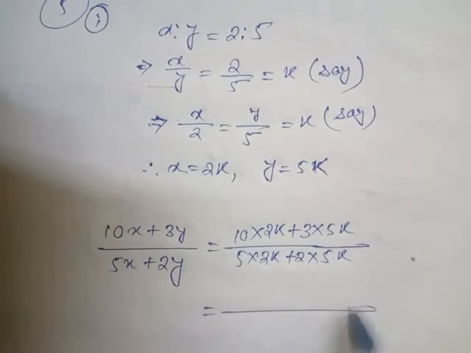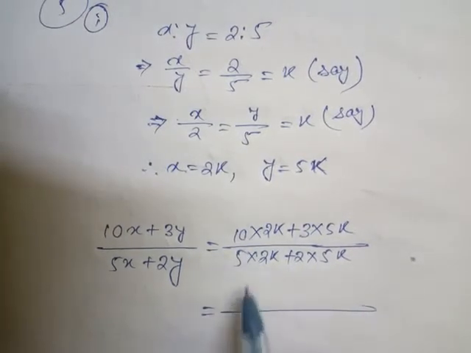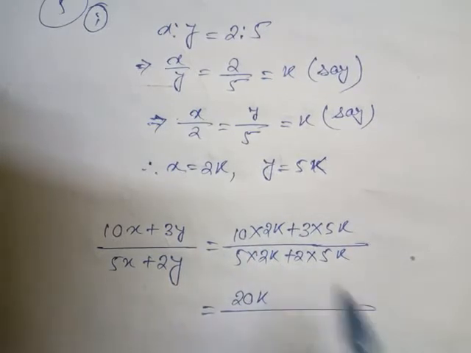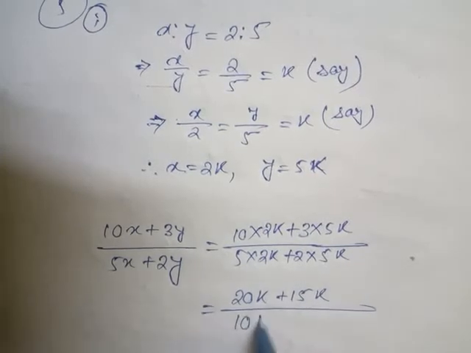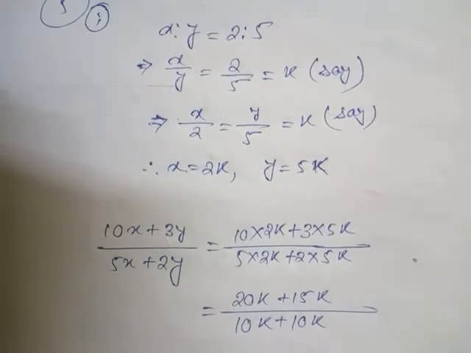Now 10 times 2k is 20k, and 3 fives are 15k, 5 times 2k is 10k, and 2 times 5k is 10k.